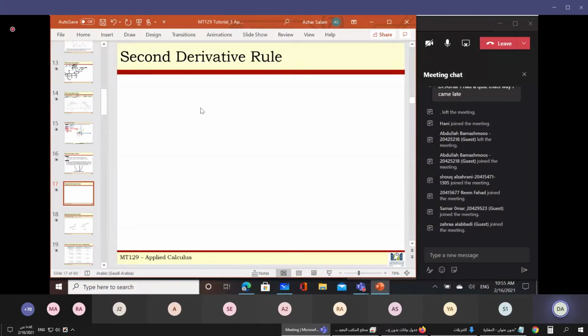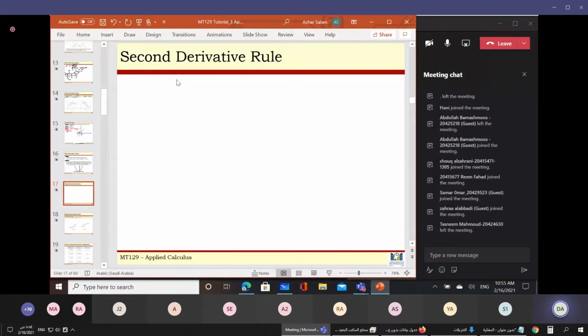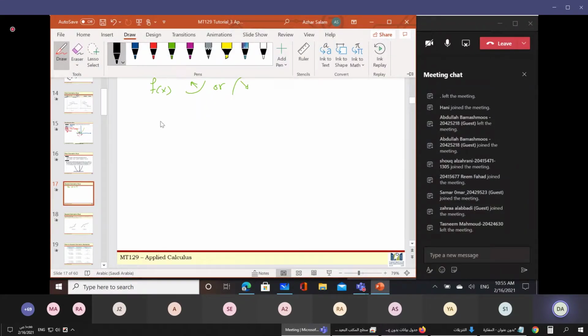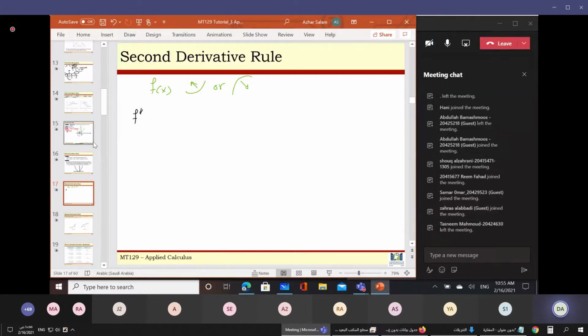Now, the second derivative rule: if I have a function f of x and I want to know if it's concave up or concave down, how do I know these properties? As we said, I will first find f double dash.